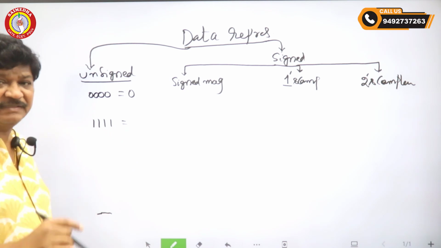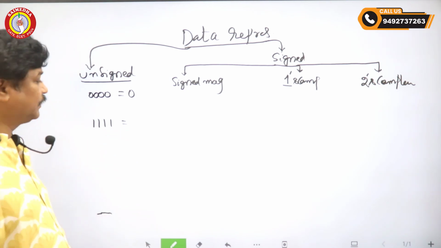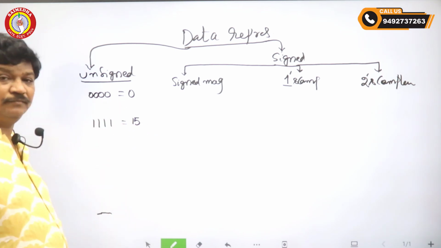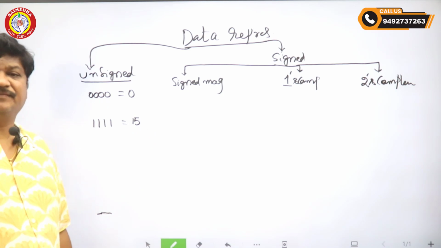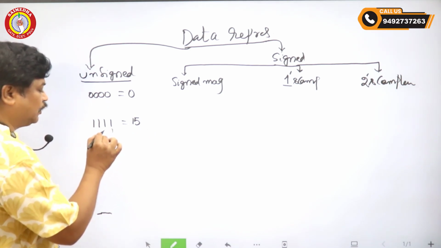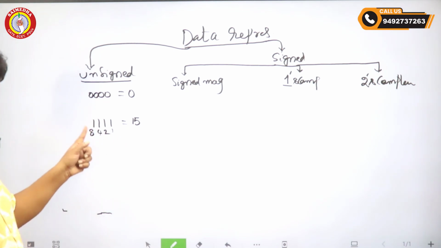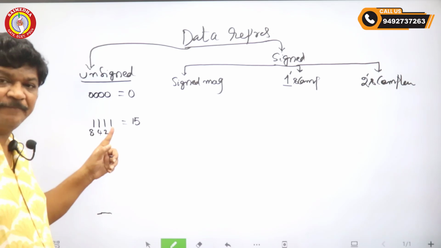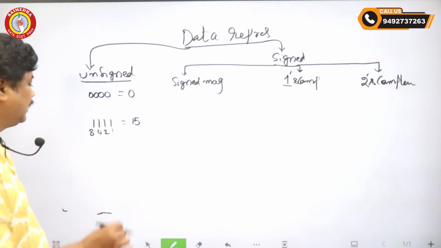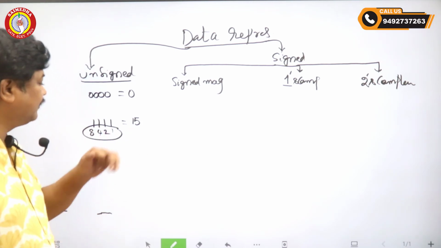So what is this value? I think we already discussed how to find this value in the previous lectures. This value is 15. How do you know that? 1, 2, 4, 8. 8 plus 4 plus 2 plus 1 is 15.